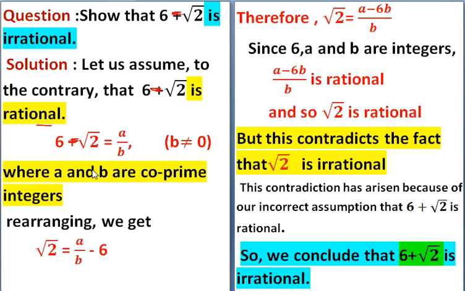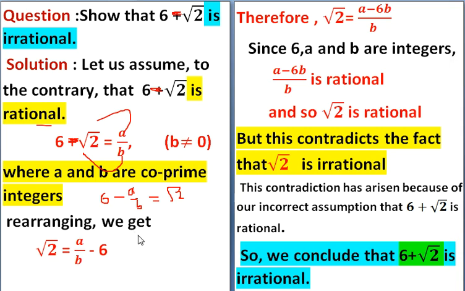After this, in the rearranging step, you can change it to 6 minus a by b equal to root 2, because root 2 is negative on this side, so when root 2 goes to the second side it will be positive, and a by b will be negative, because a by b is positive. Hence we find 6 minus a by b equal to root 2.